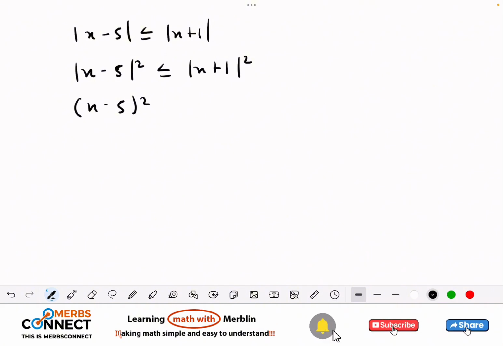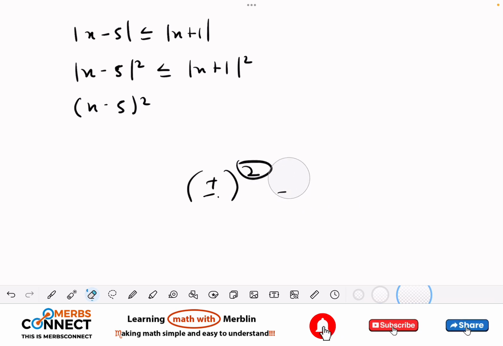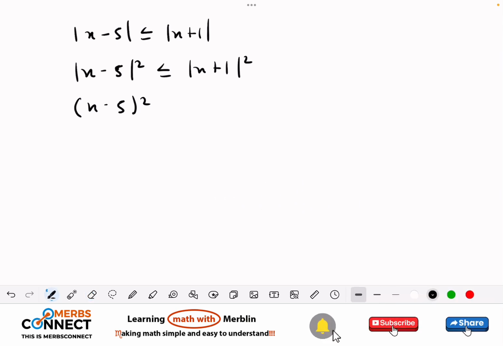So this one is like you having plus or minus squared. This is the same as plus squared, because the negative here will be plus plus, since the square will make the negative positive. Good. So this one will be less than or equal to x plus 1 squared.